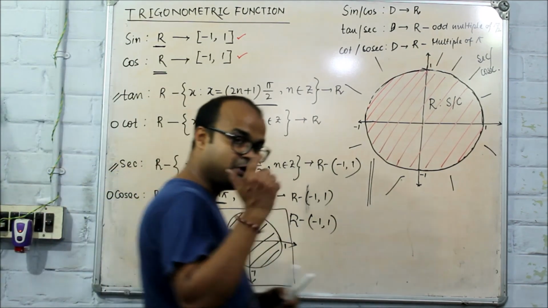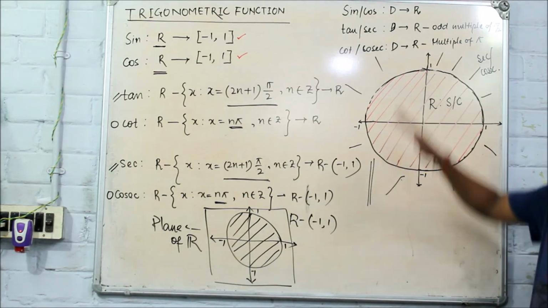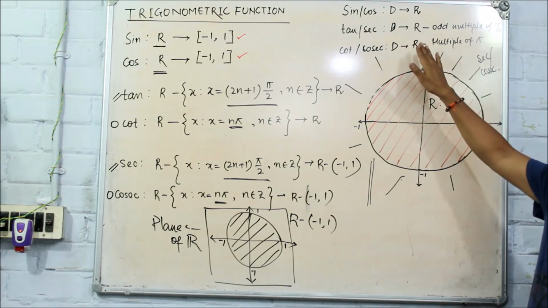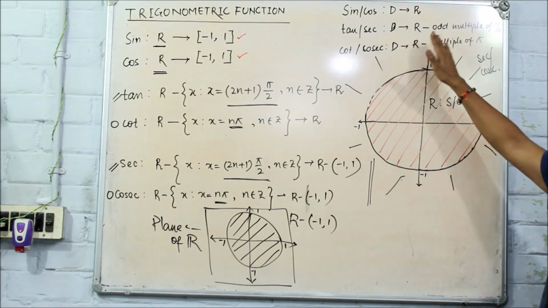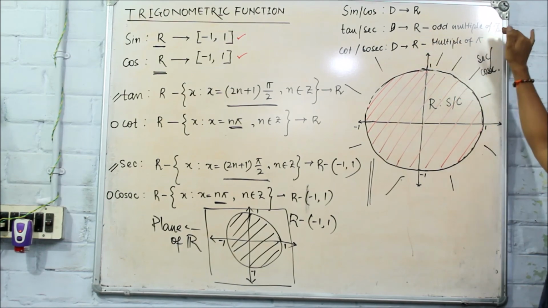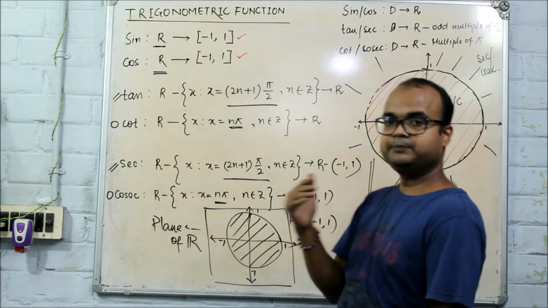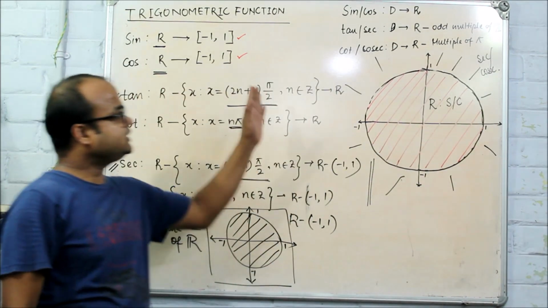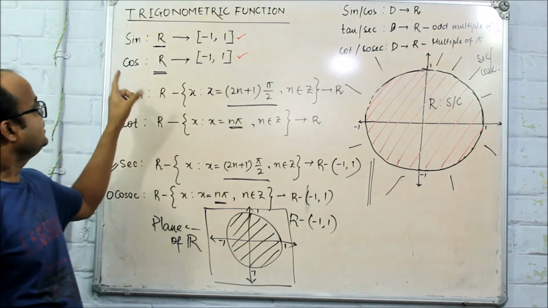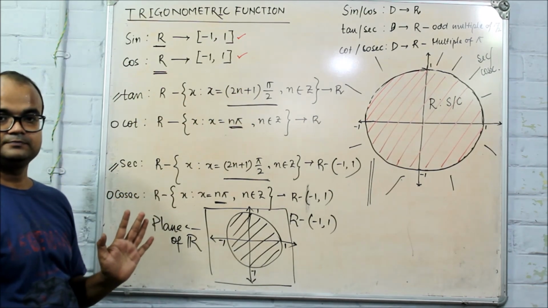If I sum up the entire thing: sine cos domain is R; tan sec domain is R minus odd multiple of pi by 2; and cot and cosec domain is R minus multiple of pi.